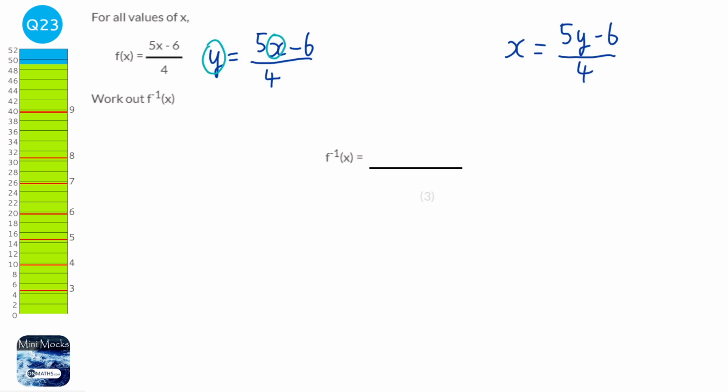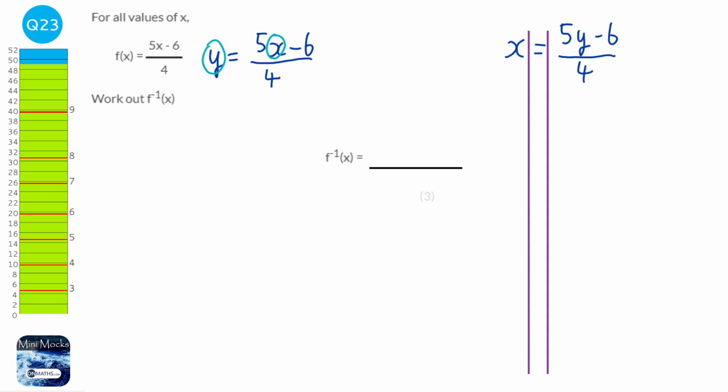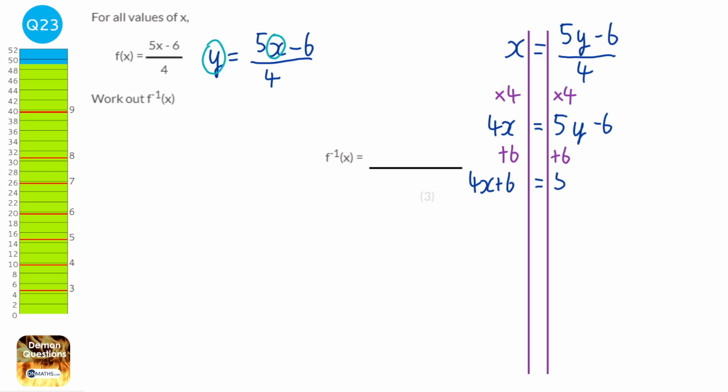Now the challenge is to get it so that it's y equals rather than x equals. So we're going to start off by multiplying both sides by 4. And that will give us 4x on the left hand side, and it will get rid of the fraction on the right hand side, which was kind of the point. Next we're going to get rid of that minus 6, so we're going to add 6 both sides. And then finally we're going to get rid of that times 5 there by dividing both sides by 5.